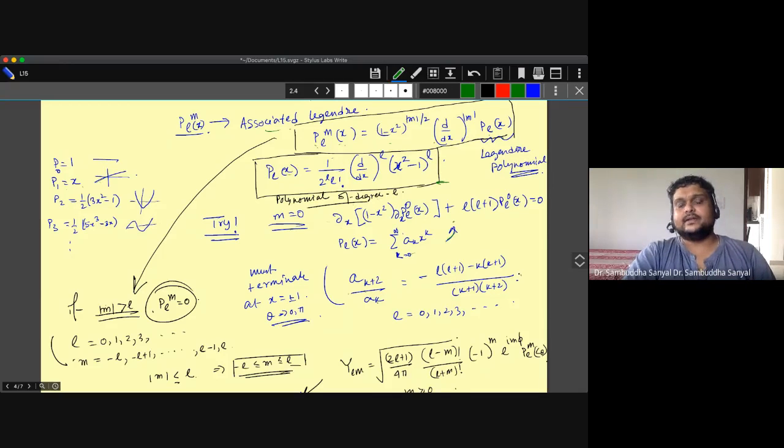And then you also don't want this series to be fully infinite, because at x equal to plus minus 1, which in theta coordinates becomes 0 and pi, the wave function must vanish at those points. It cannot blow up to infinity, because if x is plus minus 1, the series cannot converge, it is an infinite sum or an infinitely oscillating sum.